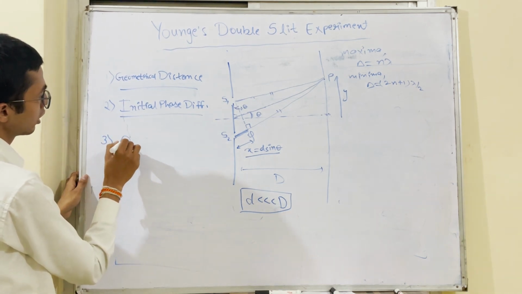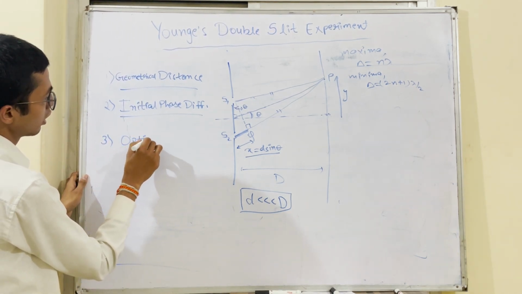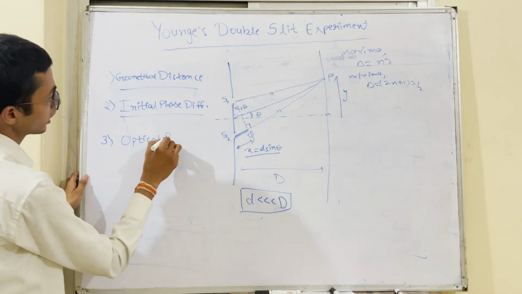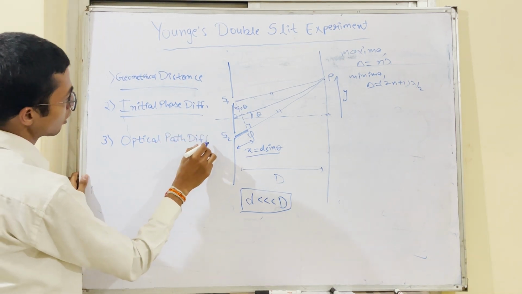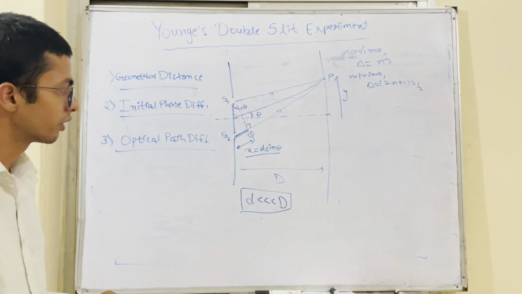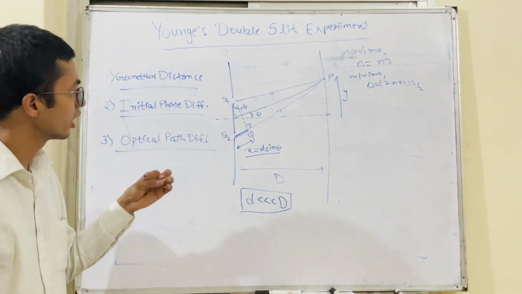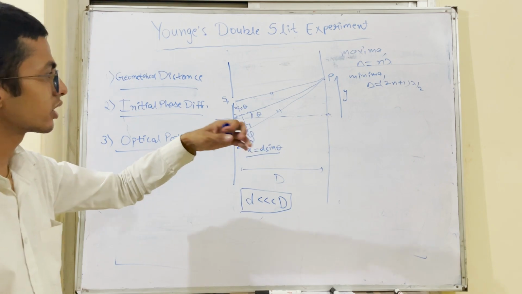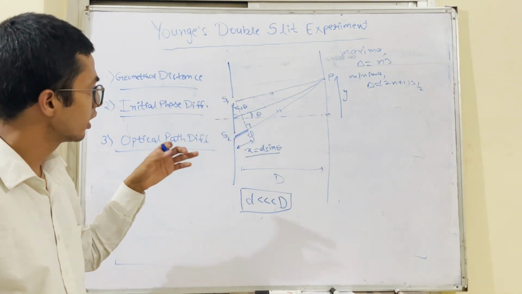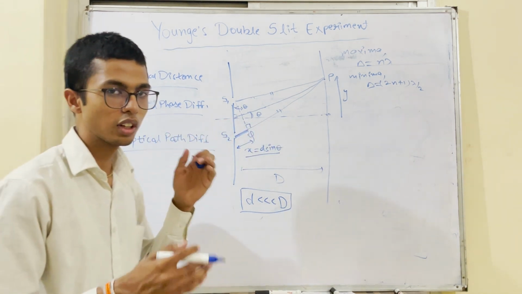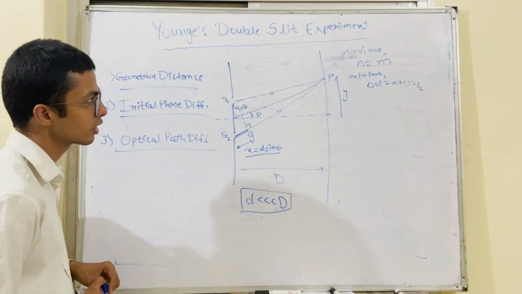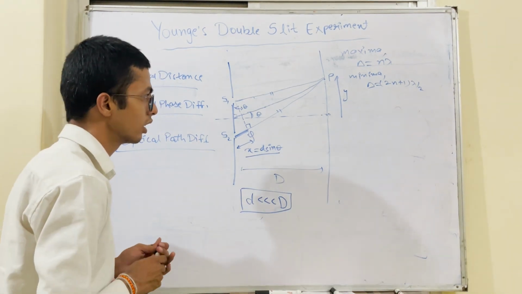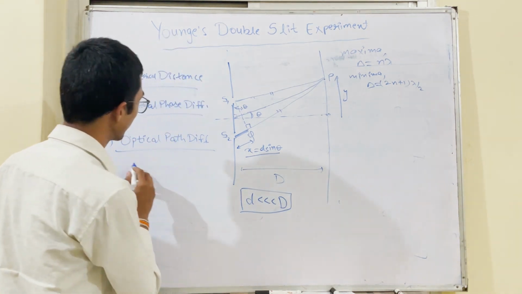Third is optical path difference. What is this? This we are going to understand now. Optical path difference is very important in JEE Advanced. This direct question will not be asked, but they will give the question by modifying many things. So we are going to understand this optical path difference.